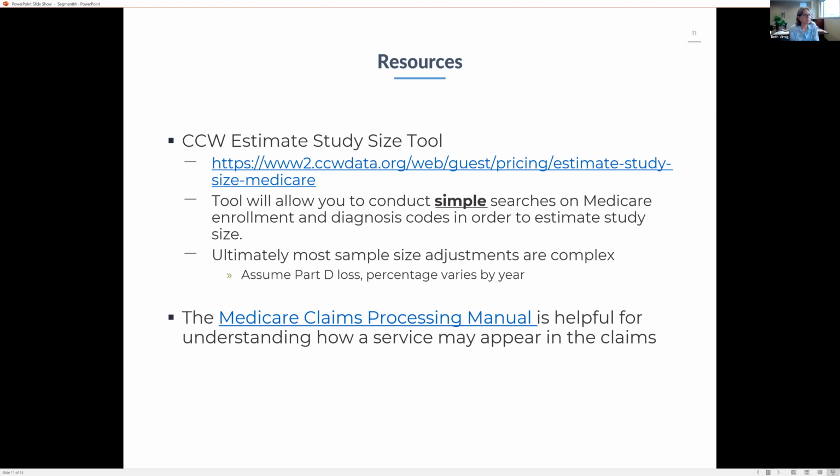Like if there's a procedure you want to study and you want to confirm how many cases there were, and you see there were 500 cases in the year who got this one procedure. And I know I'm going to get some loss due to Part D and maybe some disenrollment and other random stuff. Then what it tells me is that I need to think very carefully, like, do I really believe this is a procedure that only 500, or a diagnosis that only 500 people had?